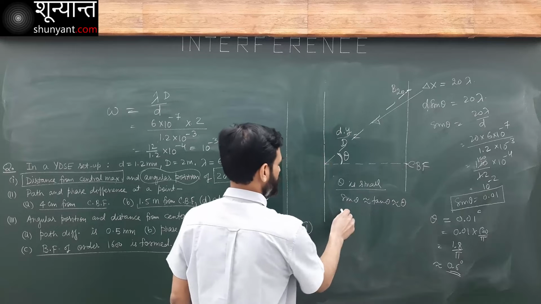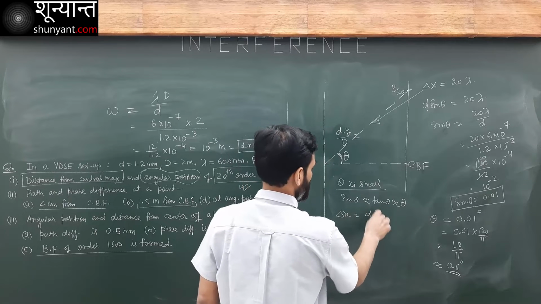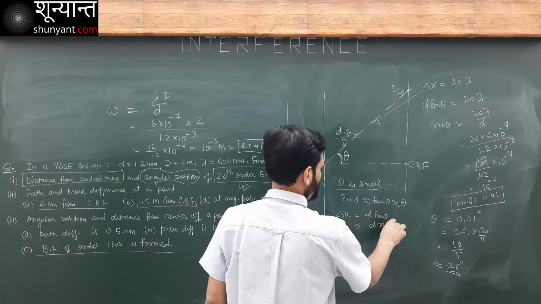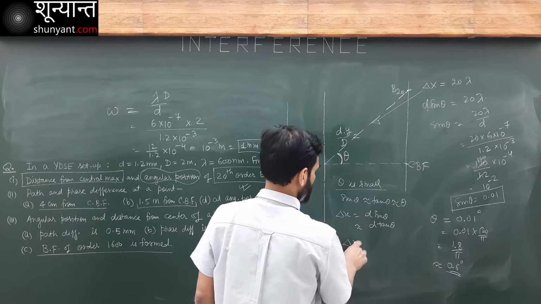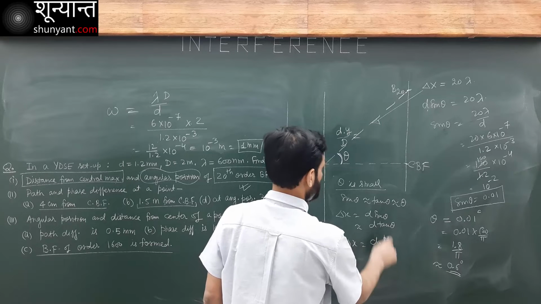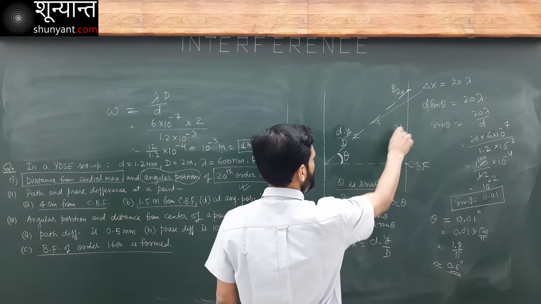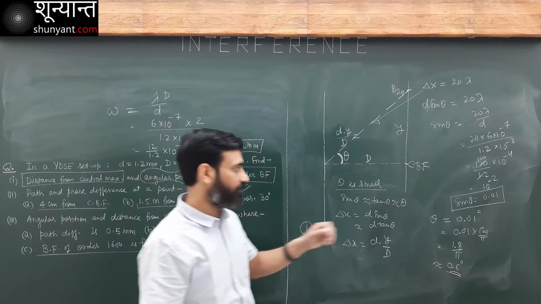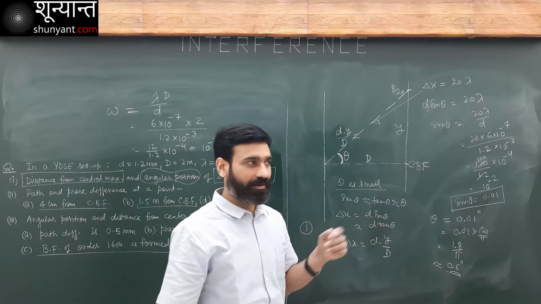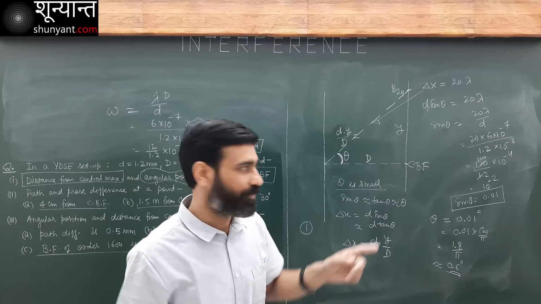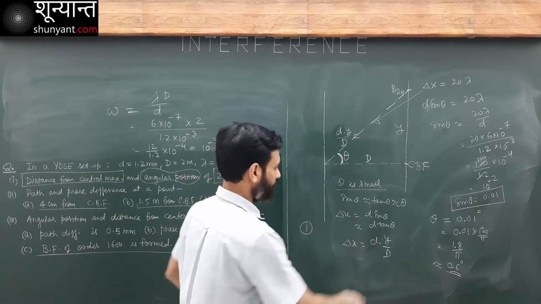So delta x is d sin theta, which will be approximately equal to d tan theta, and so delta x becomes d times y over D. This is theta, tan theta, this is y, and this is D, y over D, for a small value of theta. Okay, we say that this is applicable near center where theta is small. Okay, so now we have this.